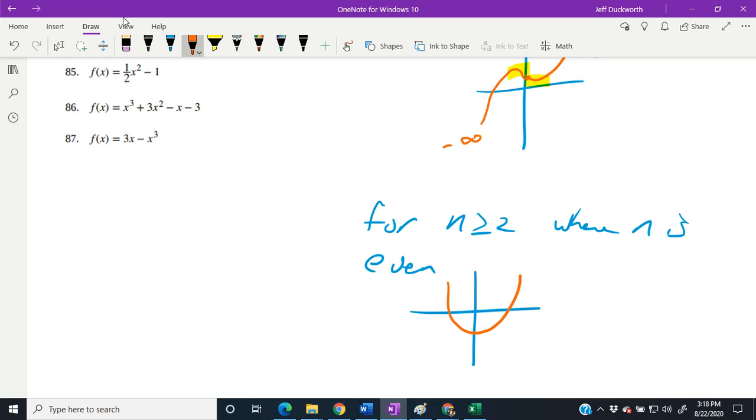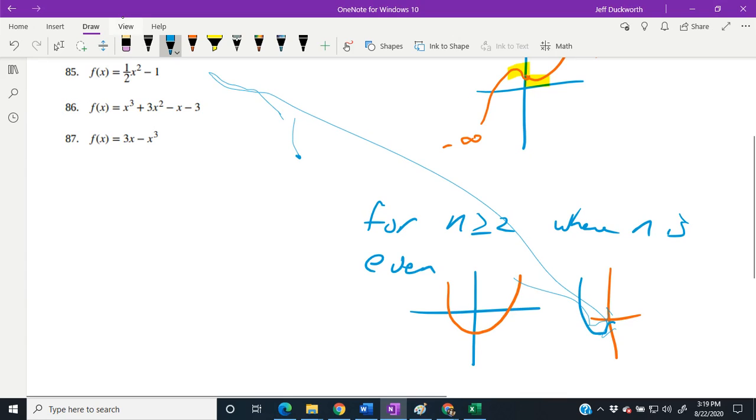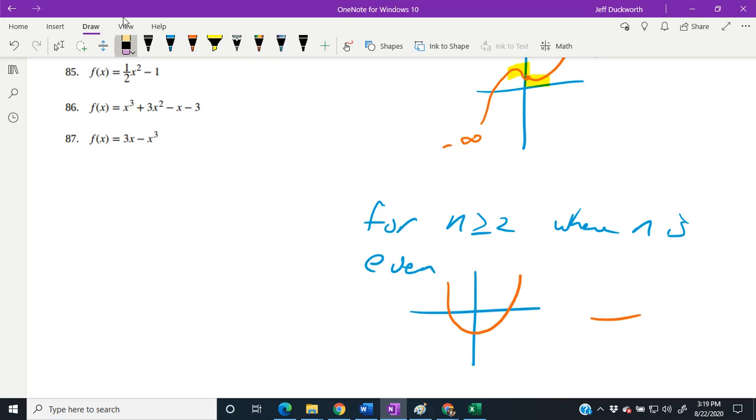Some sort of parabola looking thing, or it could look like this. All right, let's try that again. Let's try black this time. It could look something like this, some sort of W shape, or many of these little pits and valleys, as it will. So that's what we're going to have when it's even.